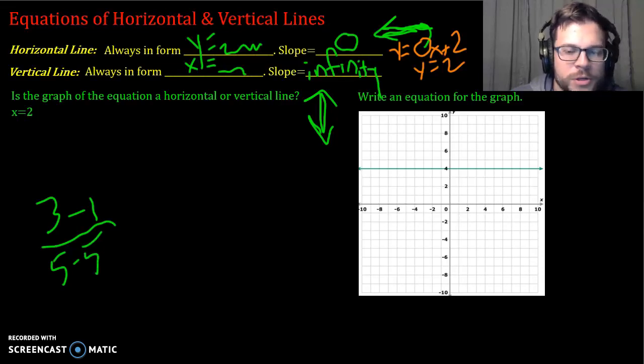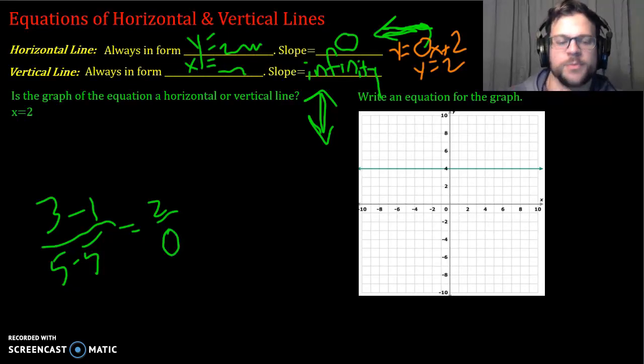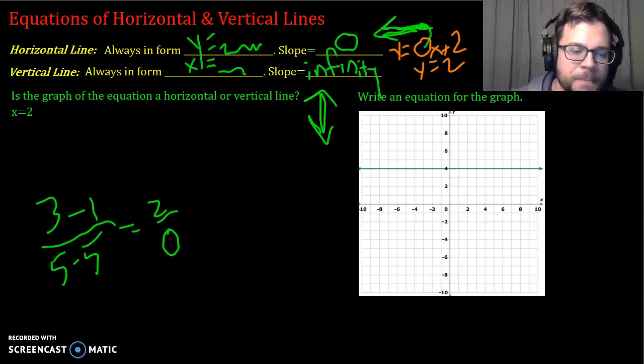So you have your equation at x equals 5. Your x's are never changing between the 2 points, but the y values are. And when you would subtract that, you get 2 divided by 0. And what happens when you divide anything by 0? You get infinity. Same thing for the other side, but it would just be flipped for the horizontal lines. Your slope is 0 because the 0 is on top.